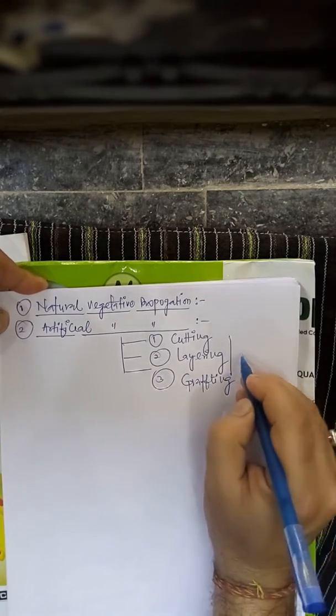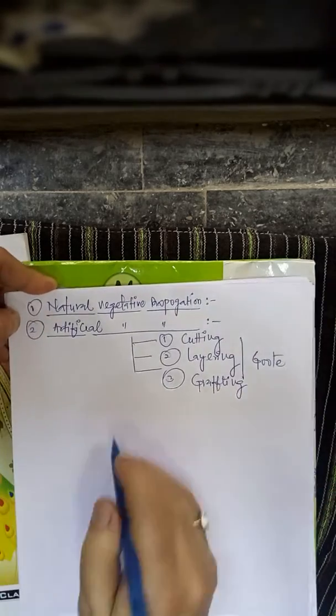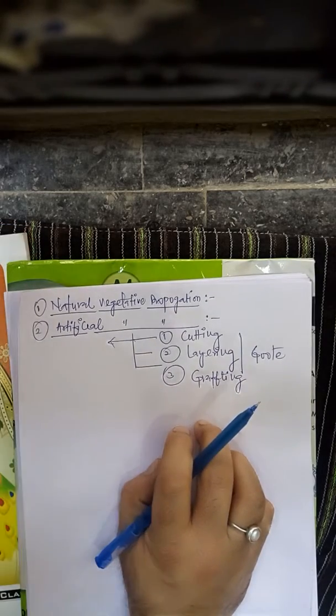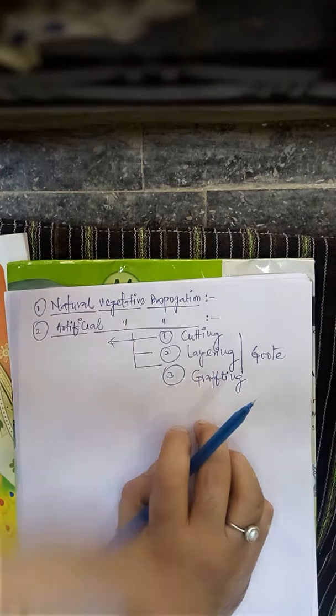Layering is also known as Guti. In the cutting method, we cut any twig of a stem of any plant and we place this twig in another place inside the soil. Then this twig forms a new plant. This is called cutting.